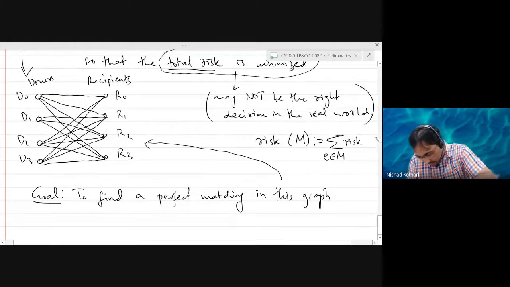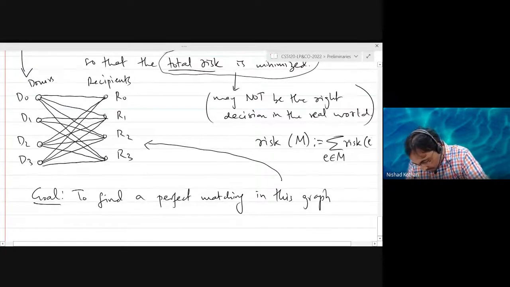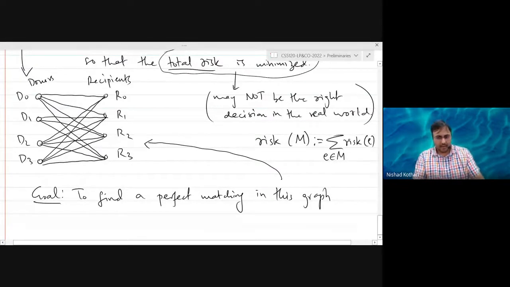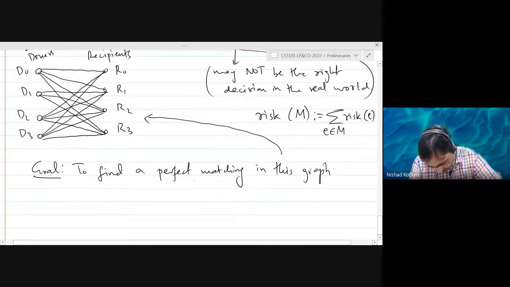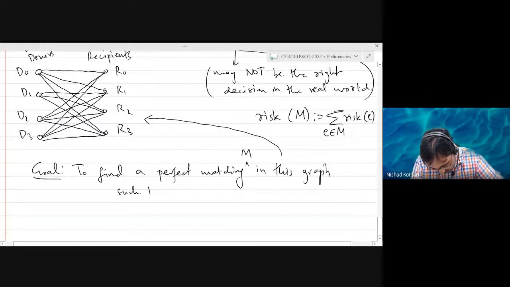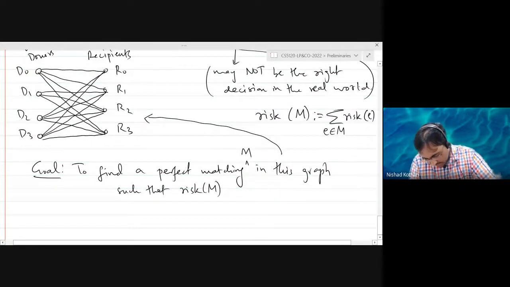Right? We want a perfect matching M such that the risk of the matching as defined here is minimized.